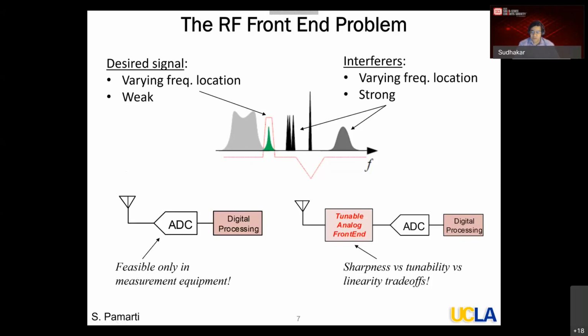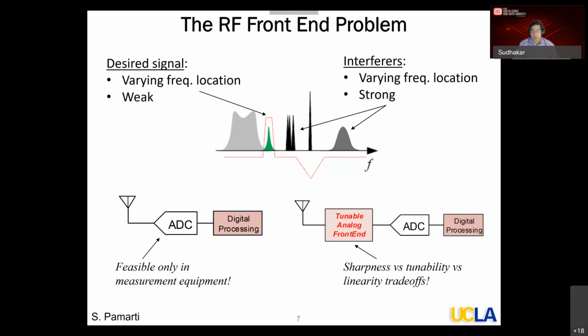And this is a very weak signal generally. It could be anywhere depending on the frequency reuse plan. But you want to extract this thing from among a large number of interferers, many of which are significantly stronger than the weak desired signal, and whose frequency location can also vary in time.